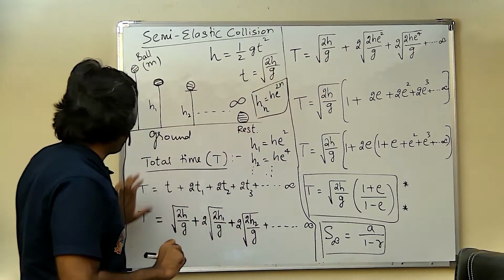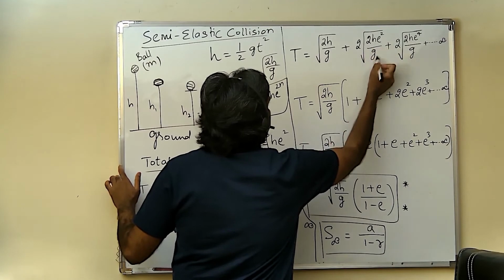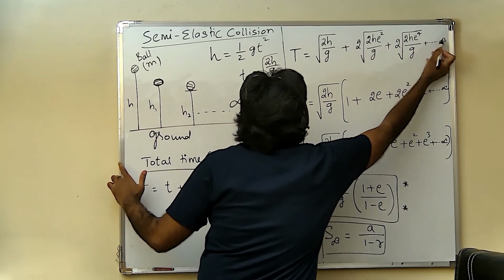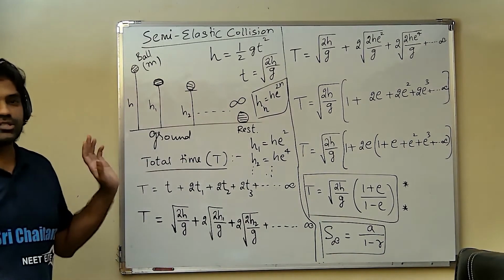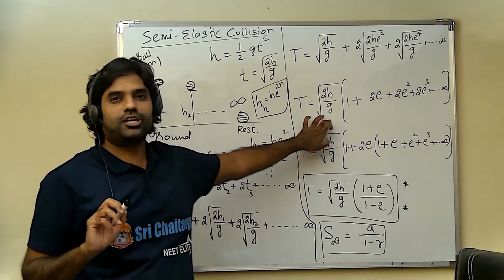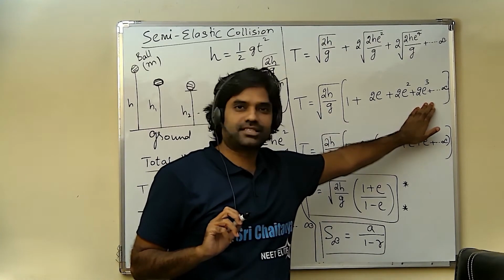Then we will get the total time as root of 2h by g plus 2 under root of 2h by g times e square plus e power 4 plus e power 6 and so on up to infinity. Now see students, in this situation root of 2h by g is common. So take it out common. Therefore we are getting this series.